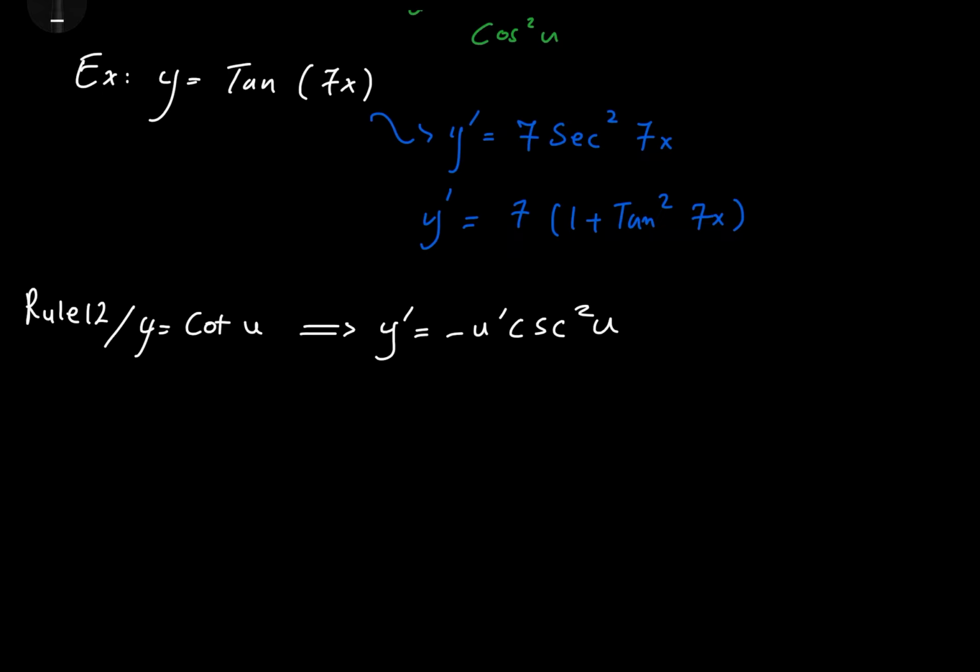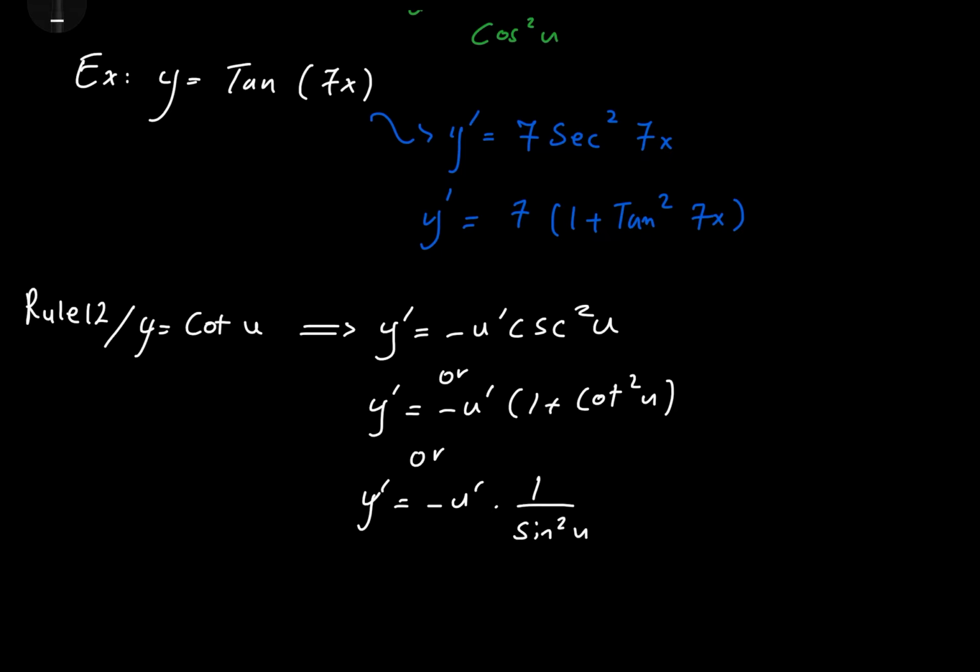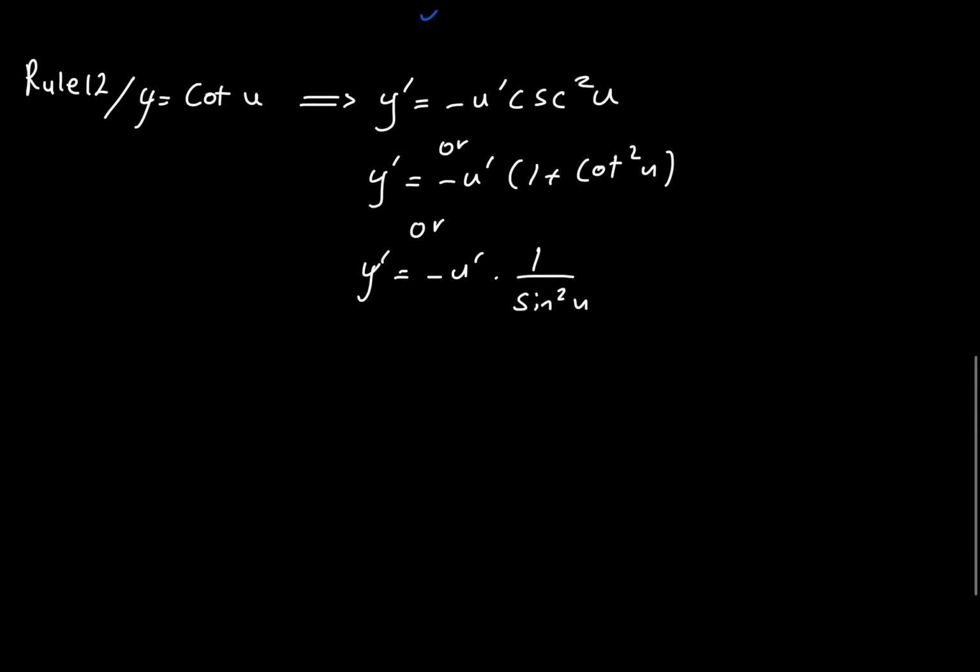Cosecant squared could also be written as 1 plus cotangent squared u, or you can even write it as y prime is equal to negative u prime times 1 over sine squared of u. So there are three ways you can write the derivative formula for cotangent because of the application of the trigonometric formulas that you know.